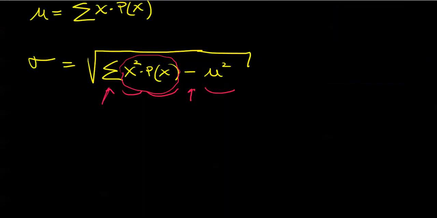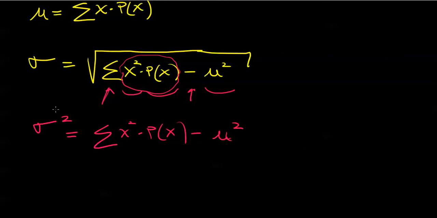Oh, by the way, the variance of a probability distribution, as you might expect, is sigma squared, simply the square of the standard deviation. Well, it's the above formula without a square root symbol. Okay? So mu is the mean of a probability distribution.